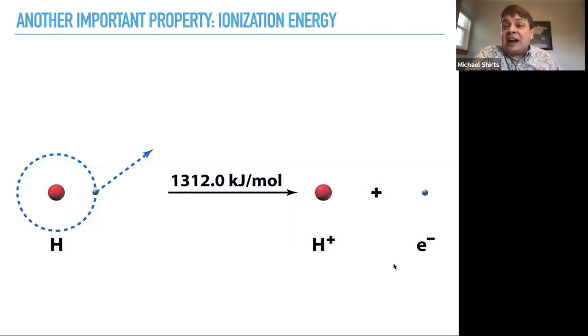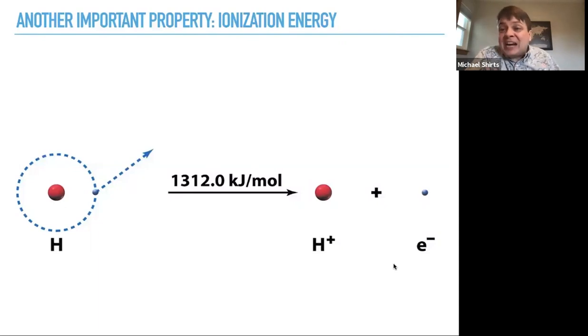So for example, for hydrogen, there's only one ionization energy because there's only one electron to strip off, and that is 1,312 kilojoules per mole, which you might remember seeing before when we talked about the different atomic spectra. That would be the energy to go all the way from the ground state, the n=1 state, to strip it off all the way into the n=infinity state, where it is essentially free to move around.